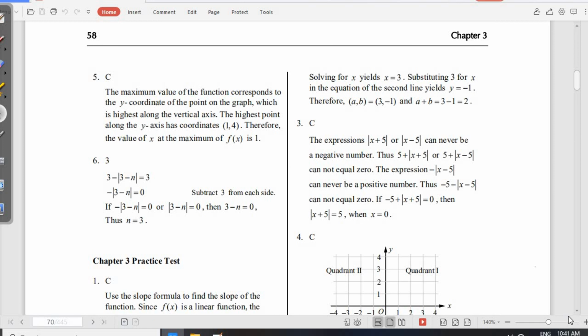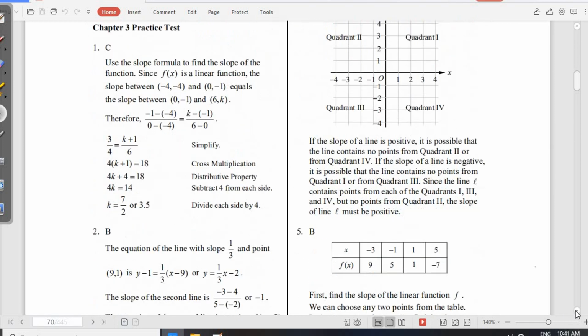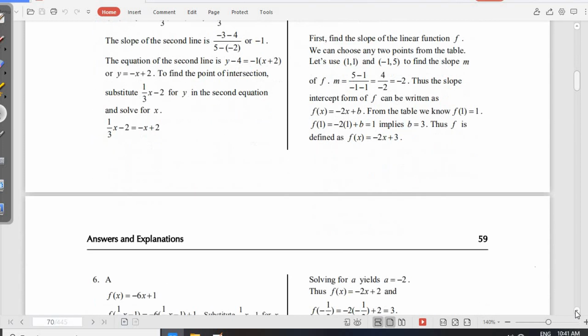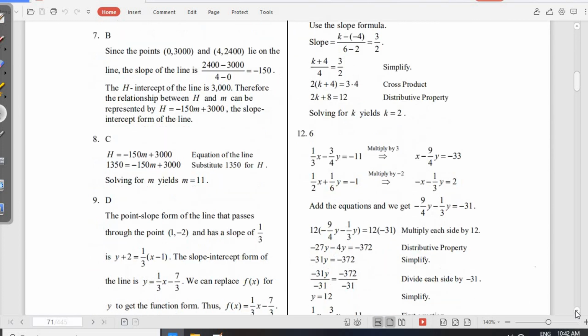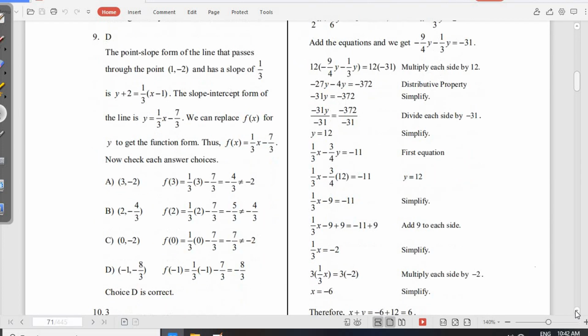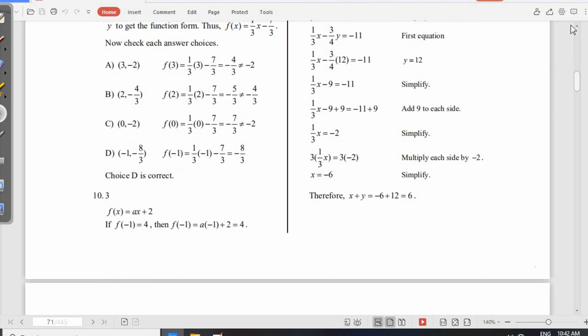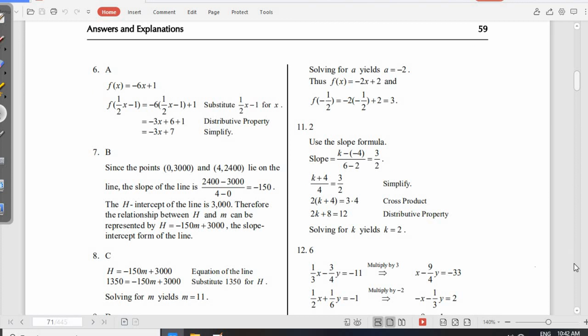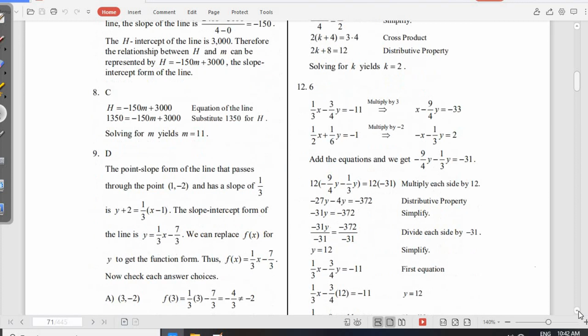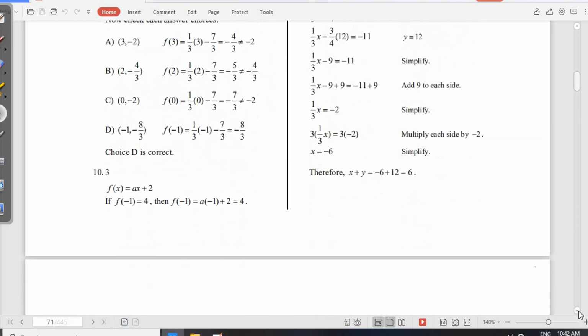Number 3, number 4, number 5, number 6, number 7, number 8, number 9, number 10, number 11, number 12. Okay, that's it. So score yourself.